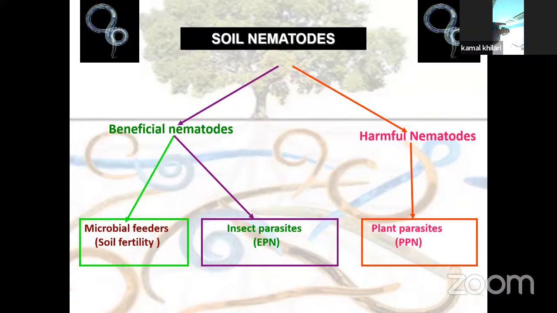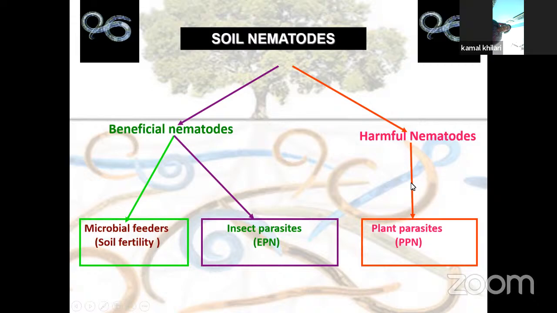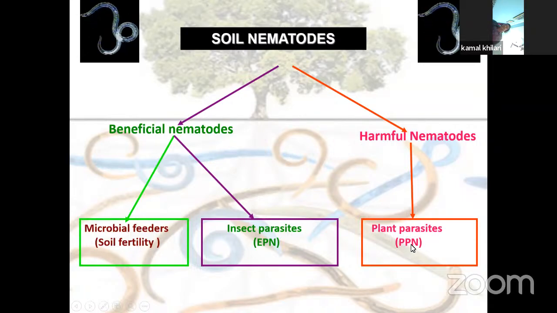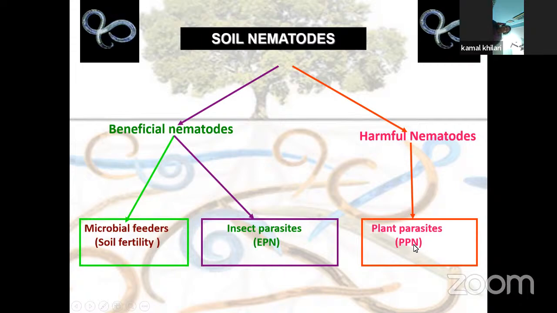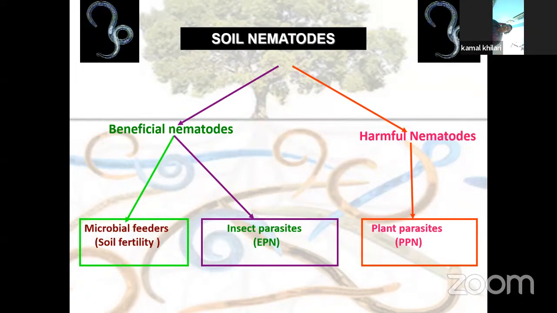Different insects remain inside the soil, and these nematodes feed upon these insects. So it means they are directly beneficial to the farmers. That's why we call them beneficial nematodes. And then the second kind is harmful nematodes, and we'll discuss these nematodes. They are known as plant parasitic nematodes, or shortly we call them PPN. So soil nematodes may be classified into the categories harmful and beneficial.